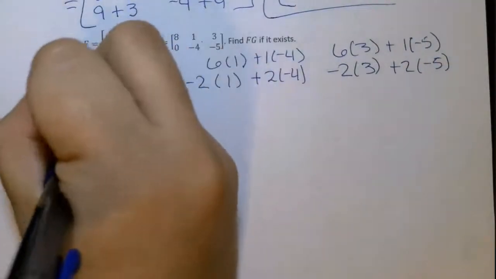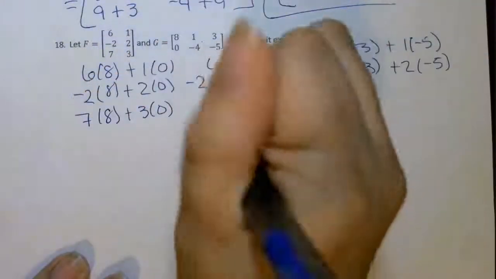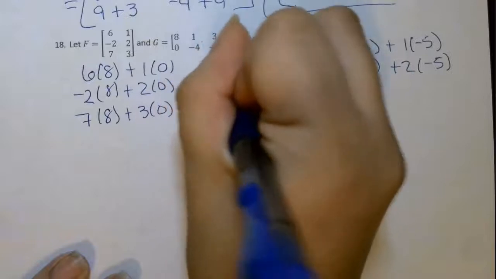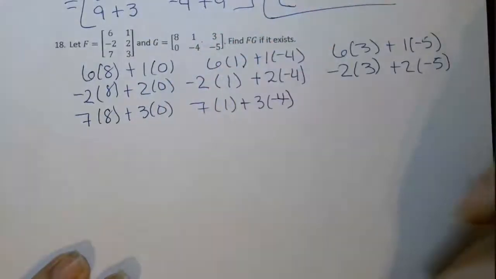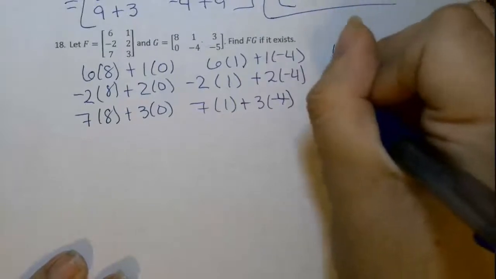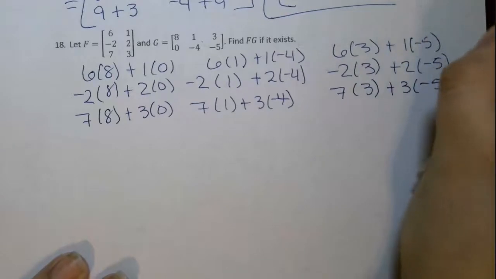Final row, I have 7 times 8 plus 3 times 0. Then I have 7 times 1 plus 3 times negative 4. And the final piece, I have 7 times 3 plus 3 times negative 5.